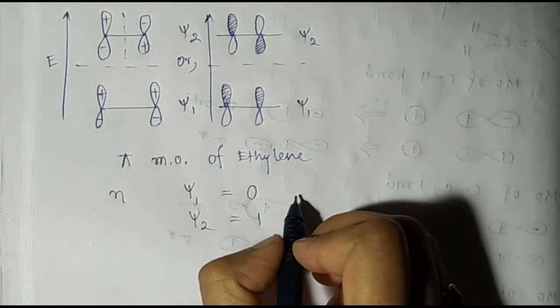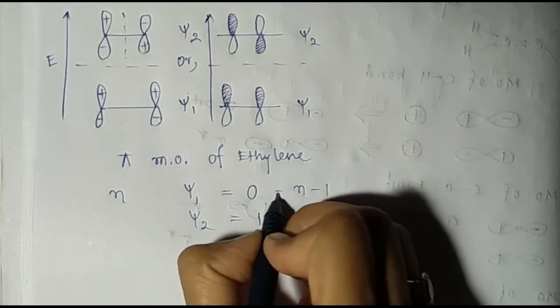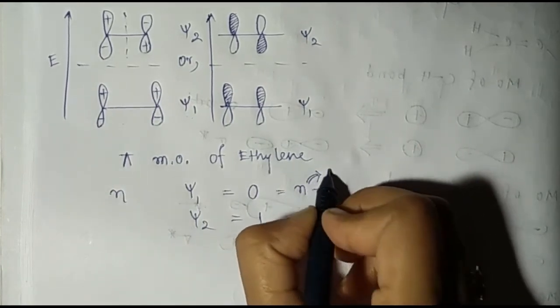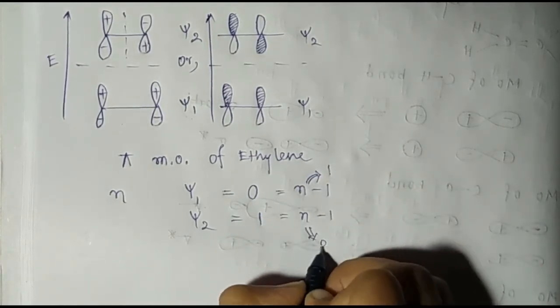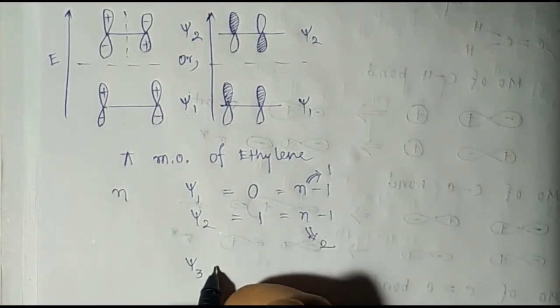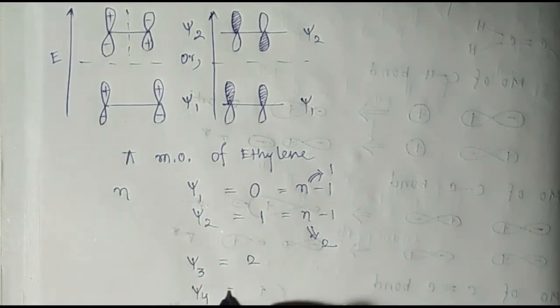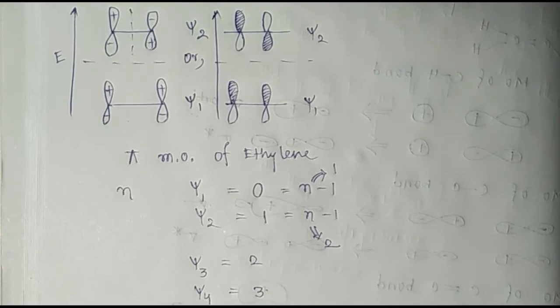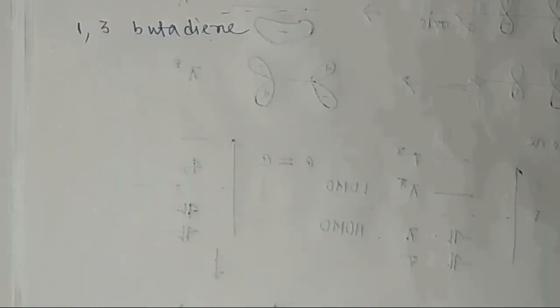That is, the number of nodes follows the formula n minus 1, where here n is equal to 1 and here n is equal to 2. Similarly, we will get the same thing for Ψ3, where the number of nodes will be 2, and for Ψ4 the number of nodes will be 3, and so on and so forth. So we can also draw the pi MO of ethylene or other molecules in this way.